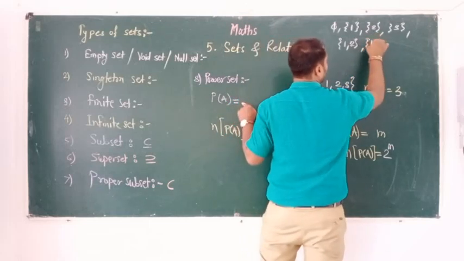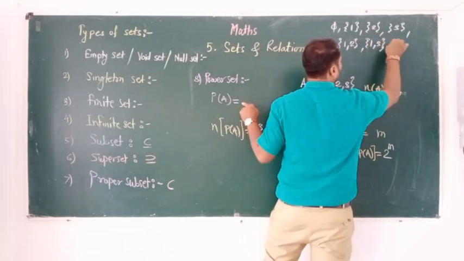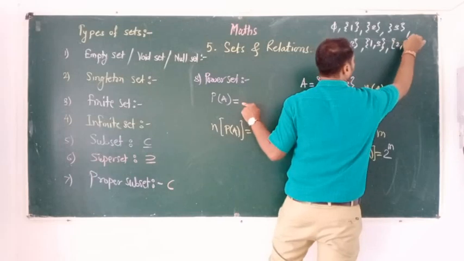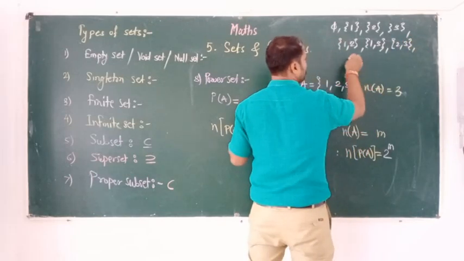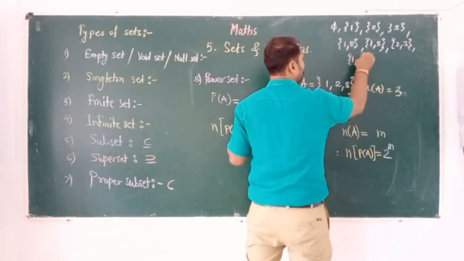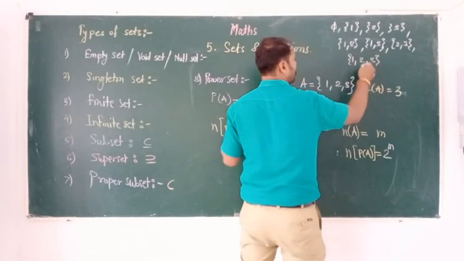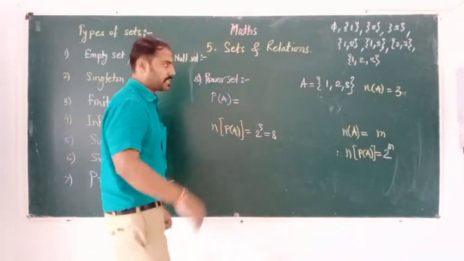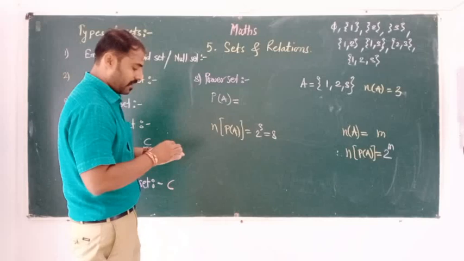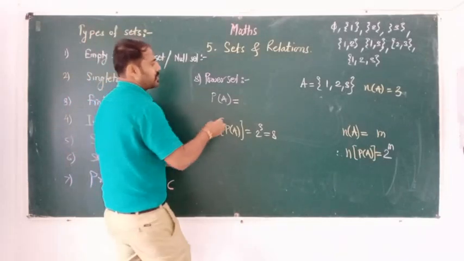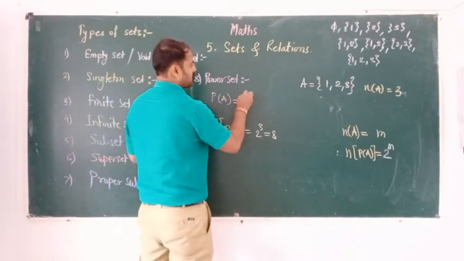Yes. 1 comma 3, 2 comma 3, 1 comma 2 comma 3. And the last one is 1 comma 2 comma 3 itself. So I list all these elements in curly brackets here.